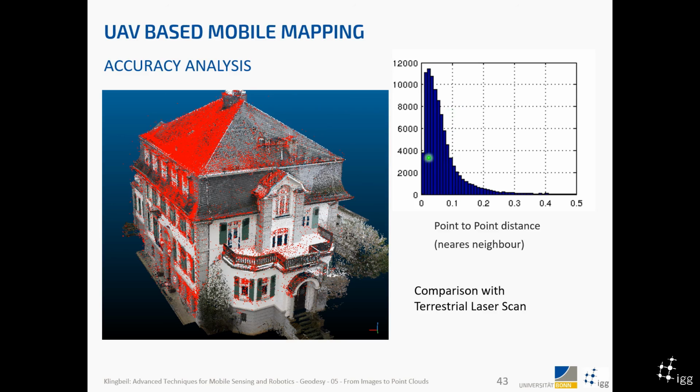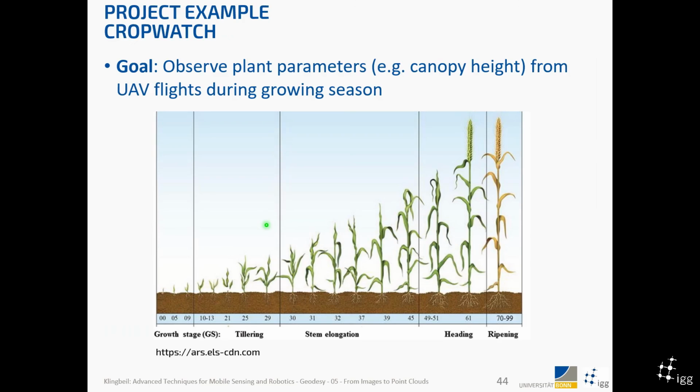It's a bit difficult to say, but this just gives an idea how accurate this is. The red ones are actually the sparse point cloud, not the dense point cloud. And we computed the difference between the reconstructed sparse point cloud and the terrestrial laser scan point cloud. Okay.